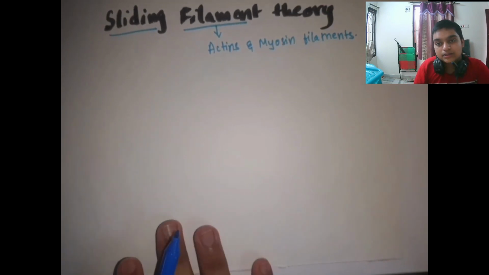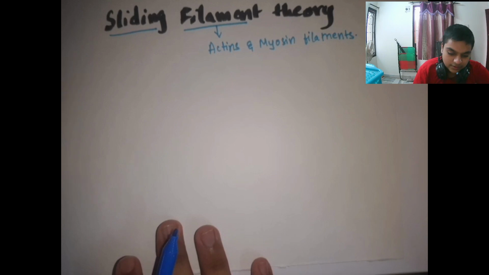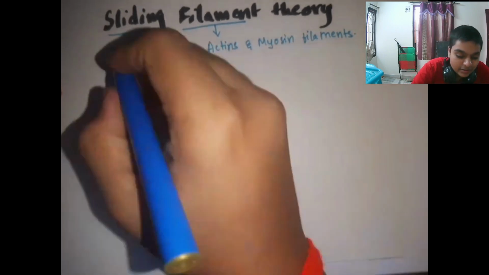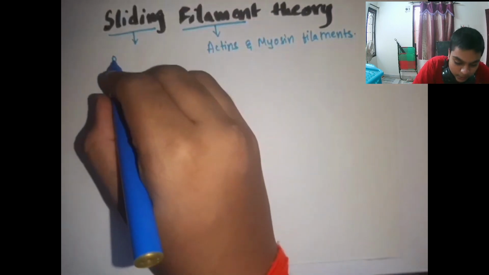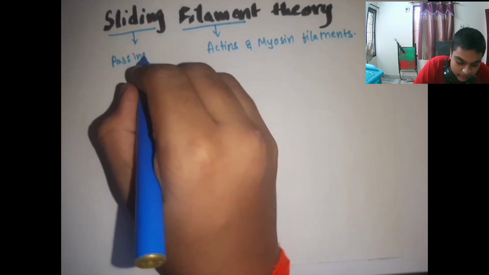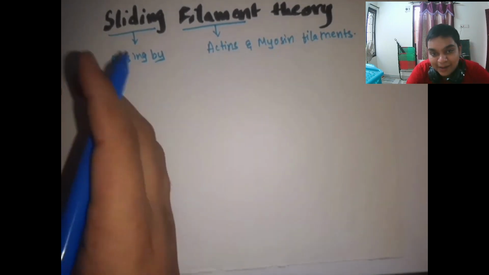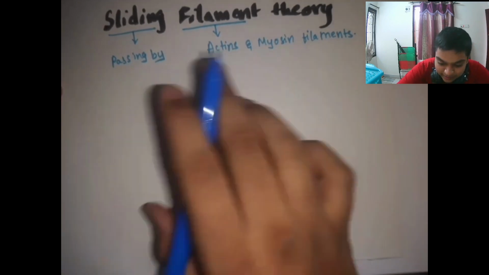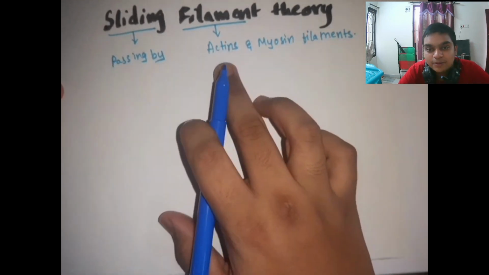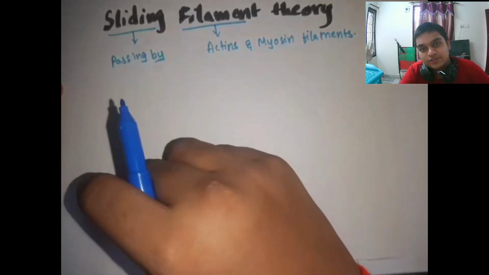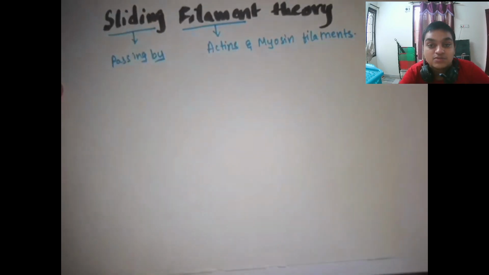Sliding means passing one over the other. Which passes by which? Does the myosin filament pass by the actin filaments, or do the actin filaments pass by the myosin filaments? This theory tries to explain this.